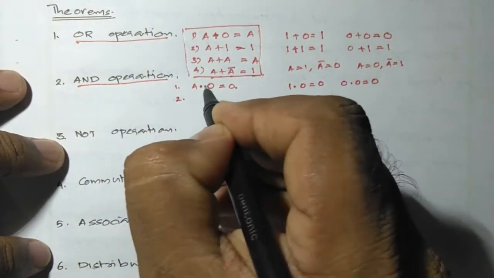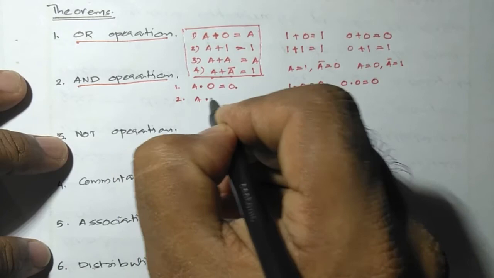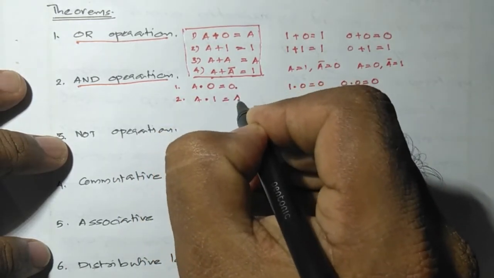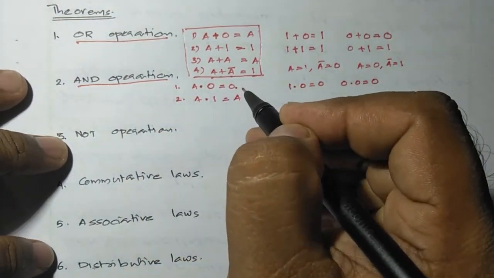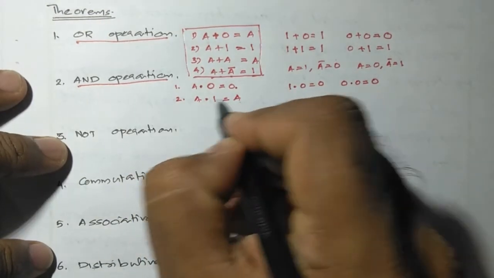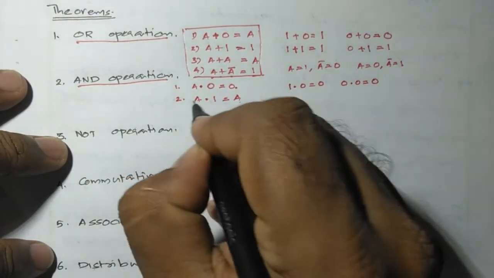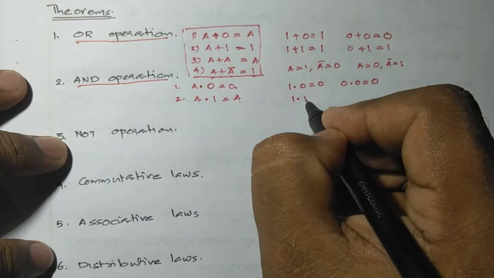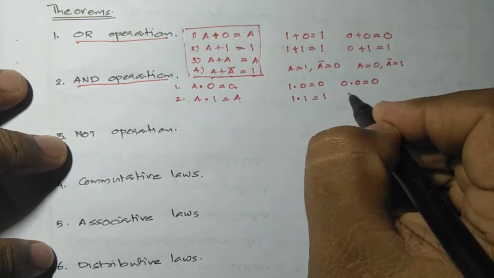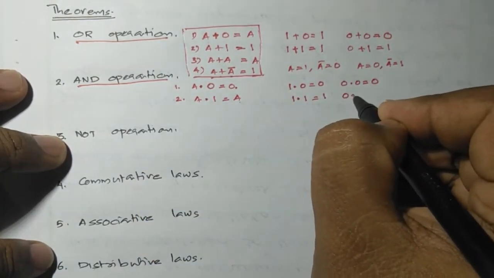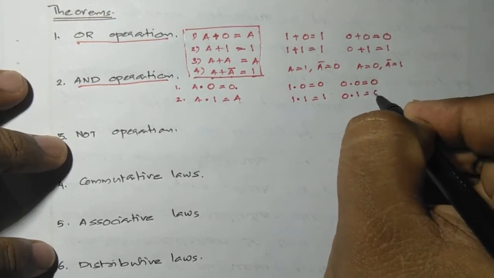The second theorem is A AND 1 equals A. So the result depends upon A. Let A be 1. So 1 AND 1 will give you 1. If A is 0, then 0 AND 1 becomes a 0.